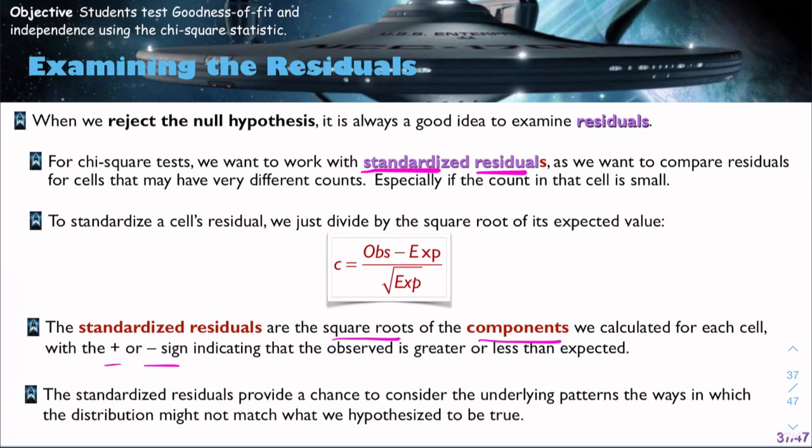The standardized residuals provide a chance to consider the underlying patterns, the way in which a distribution might not match what we hypothesized to be true. And if you're thinking in terms of standardization, that would be our standard normal model. So if we're looking at these standardized residuals, then anything over 2 would be pretty significant.